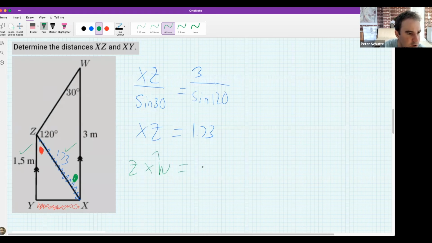What do you work it out to be? It's 30. And then YZX is going to be 30 because there's parallel lines there. Yes, alternating angles. Oh, fantastic.